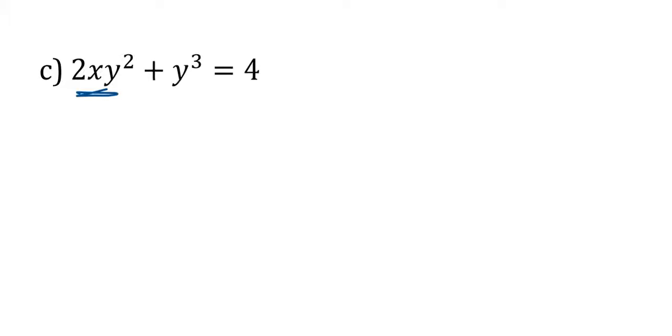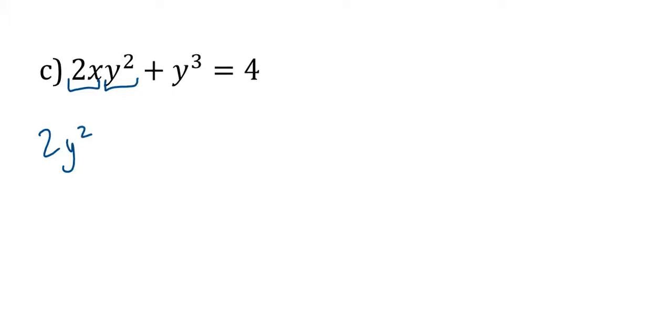So there's the first part and the second part, right? The derivative of the first part is just 2 times the second part, which is y squared, plus the derivative of the second part, which is 2y dy by dx times the first part.